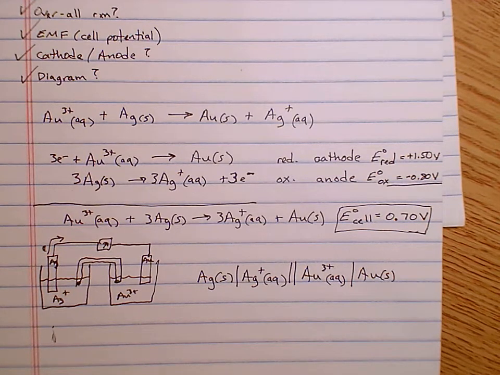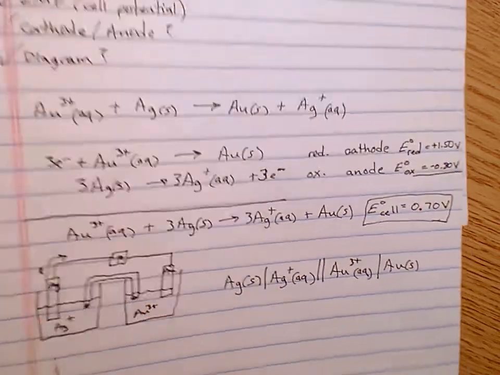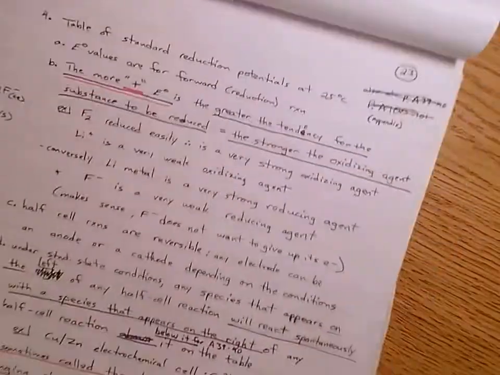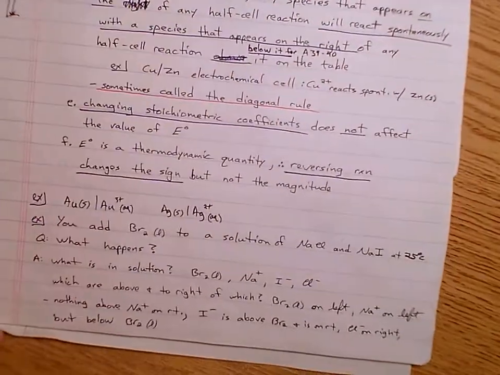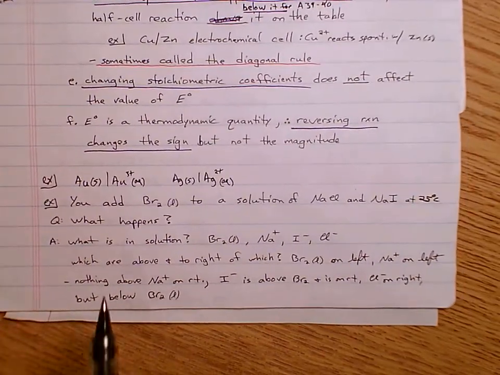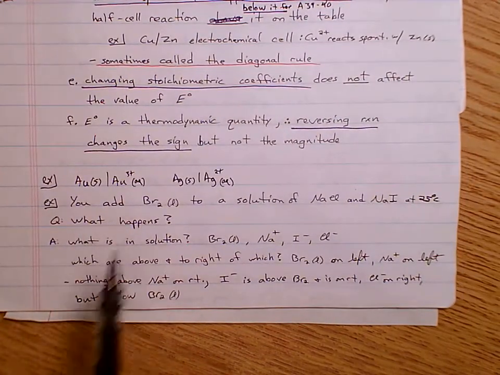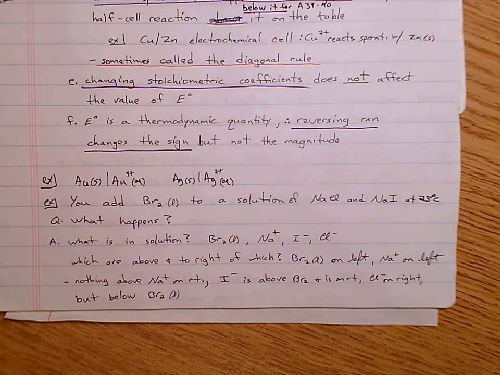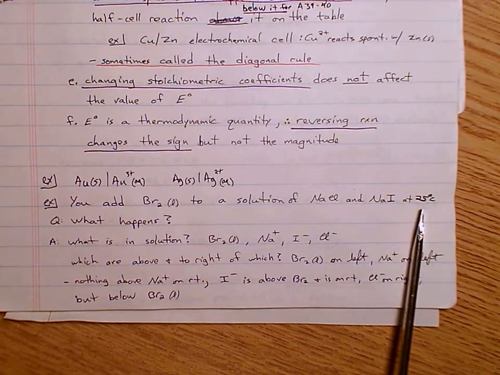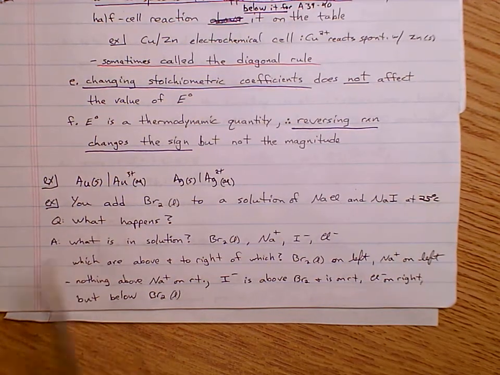All right. Another example problem that you can do with these reduction potentials looks like this. Say you have Br2 liquid and you add it to a solution of sodium chloride and sodium iodide at 25 degrees Celsius. What's going to happen?